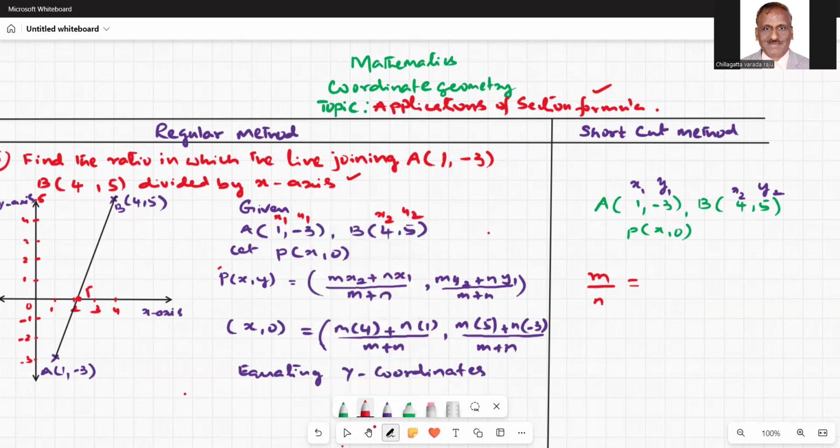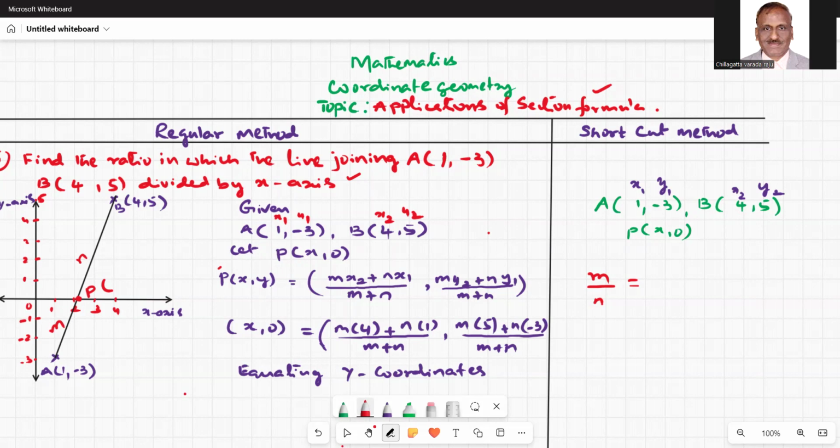Let this point be P. So you need to find out in what ratio this point P cuts the line segment AB, that is the ratio AP to PB. Let me take AP as m and PB as n. You need to find the ratio m is to n.